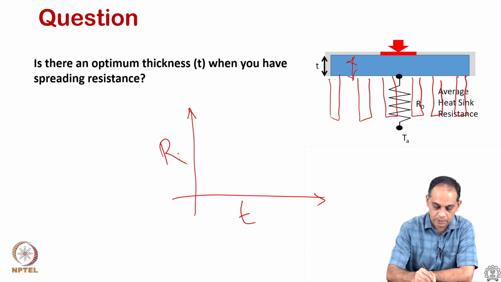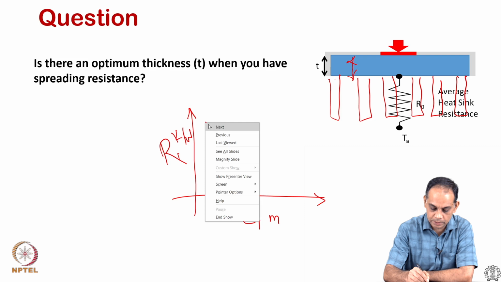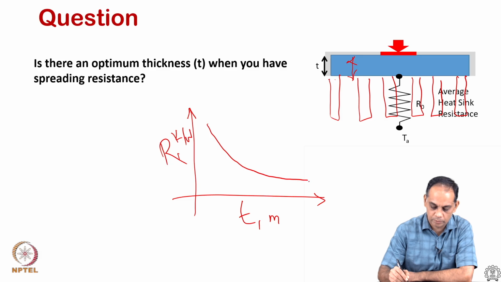However, this resistance is in Kelvin per watt, this is in millimeters or meter. So, the spreading resistance will be large when the thickness is small, and it usually falls off, and it may asymptote to a smaller and smaller value as you increase the thickness.